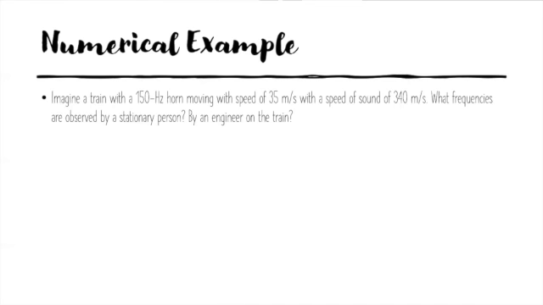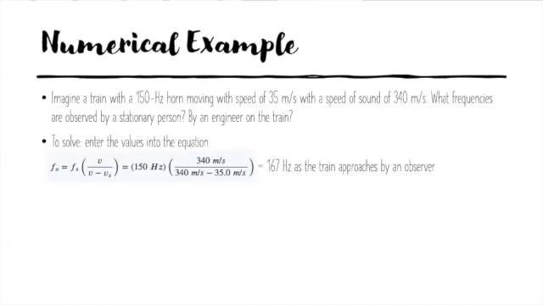To solve, we plug the numbers into the equation. This leaves us with F sub naught equals 150 Hertz times the quantity of 340 meters per second divided by 340 meters per second minus 35 meters per second. This means that as the train approaches the observer, the frequency observed is 167 Hertz.